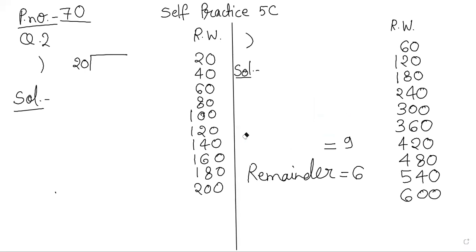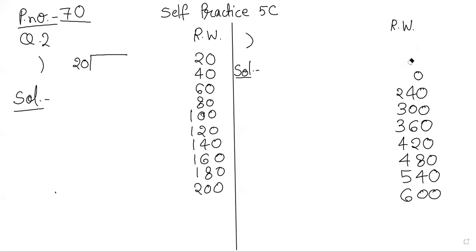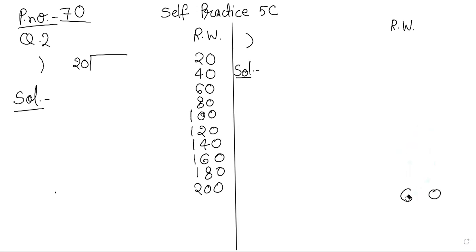Divisor is 20, right? We require the table of 20 to solve this division. The table of 20 is already written. Question number C, 121 divided by 20. We will require the table of 20. It is already written, so let us solve it.